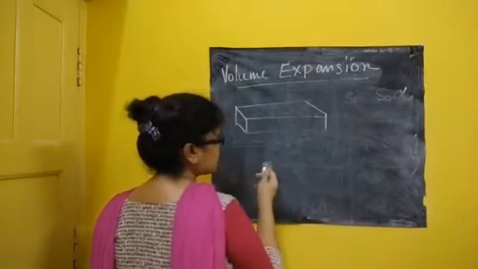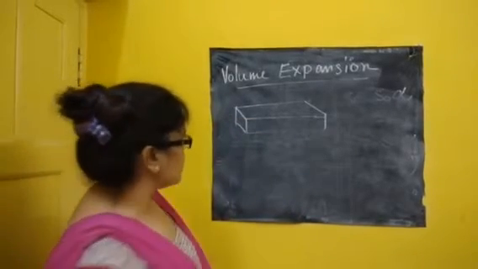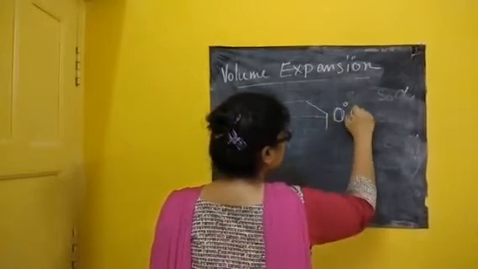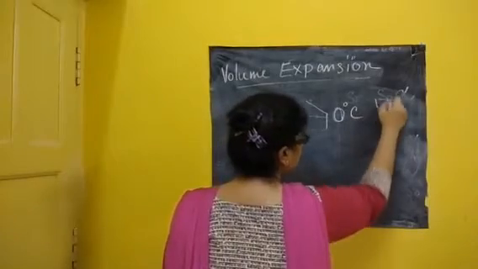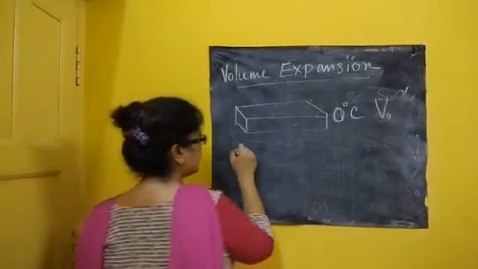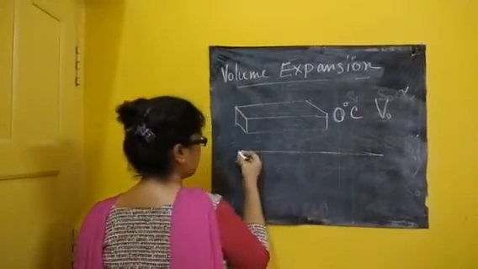I'm not going for explicit discussion. I'm just, as a whole, considering that at 0 degrees Celsius the volume of this substance is V0. Clear? And at T degrees Celsius the volume of the substance will change.